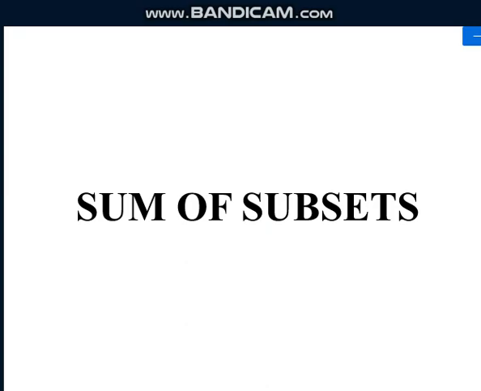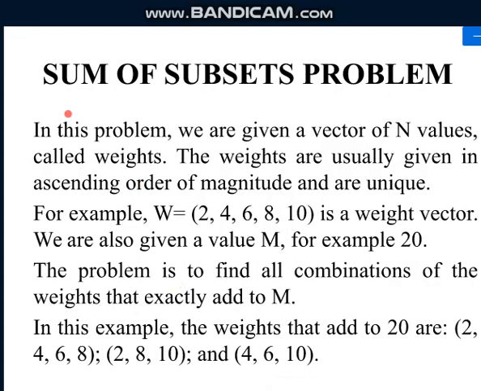If you look at this, in this problem we are given a vector of n values called weights. Weights are usually given in ascending order of magnitude and are unique. So what does the statement tell you? Here you are given n values. You have a set and that set has n different values.